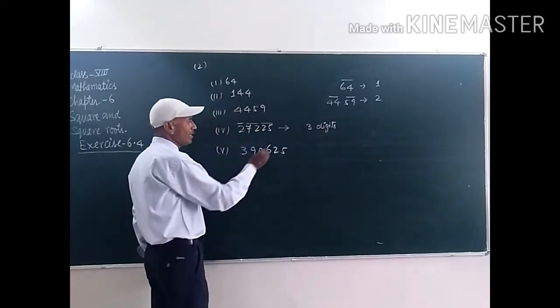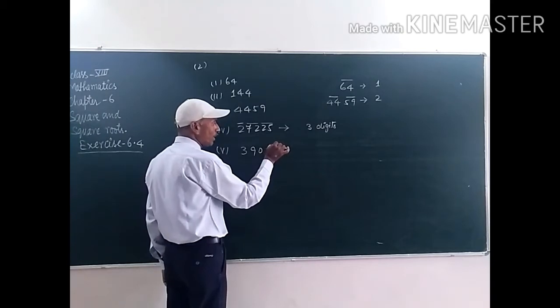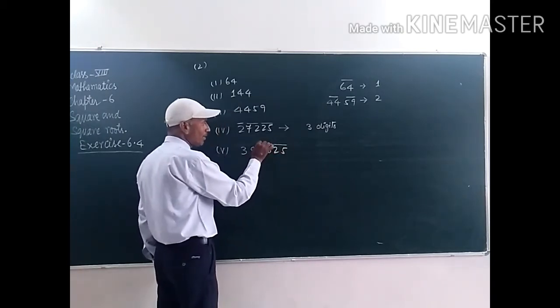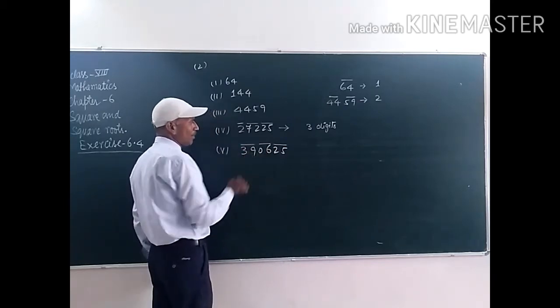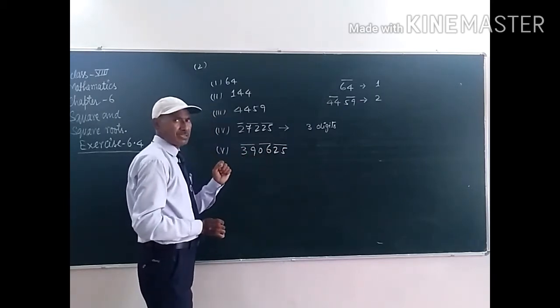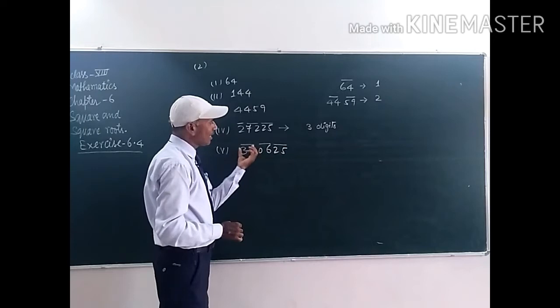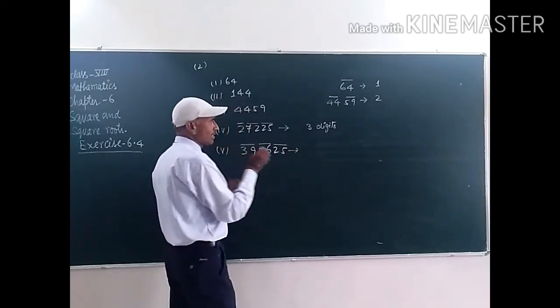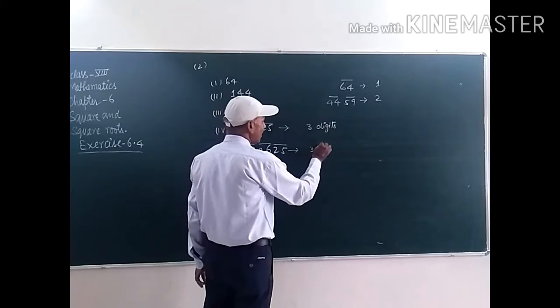Clear? And in this number, put the bar over the numbers making pairs. So this one is the first pair, second pair, and third pair. There are 3 pairs, student, or there are 3 bars. So the number of digits in the square root of this number will be 3 digits.